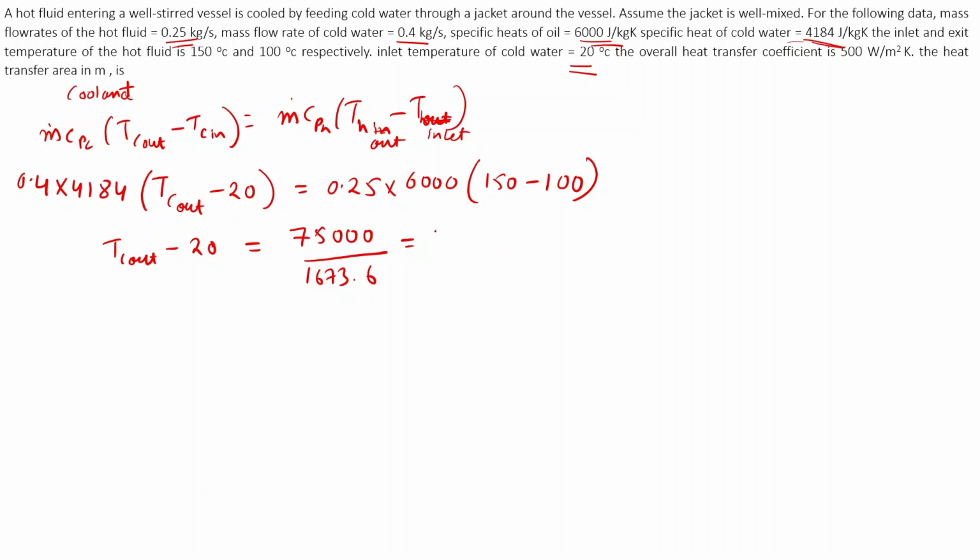It will come around as 44.81. So this will give us Tc out is equal to 20 plus 44.81, that will be 64.81 degrees Celsius.